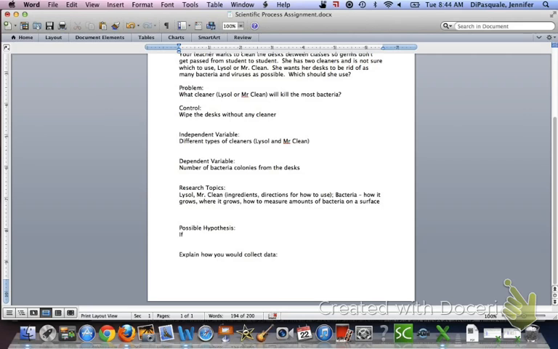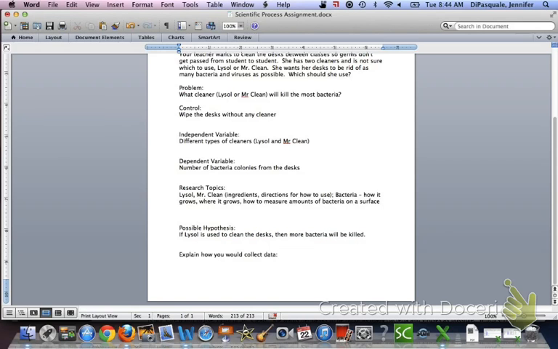If Lysol is used to clean the desk, this is what we're doing. We're using Lysol to clean the desk. Then more bacteria will be killed. So if we use Lysol to clean the desks, then this will happen. More bacteria will be killed.